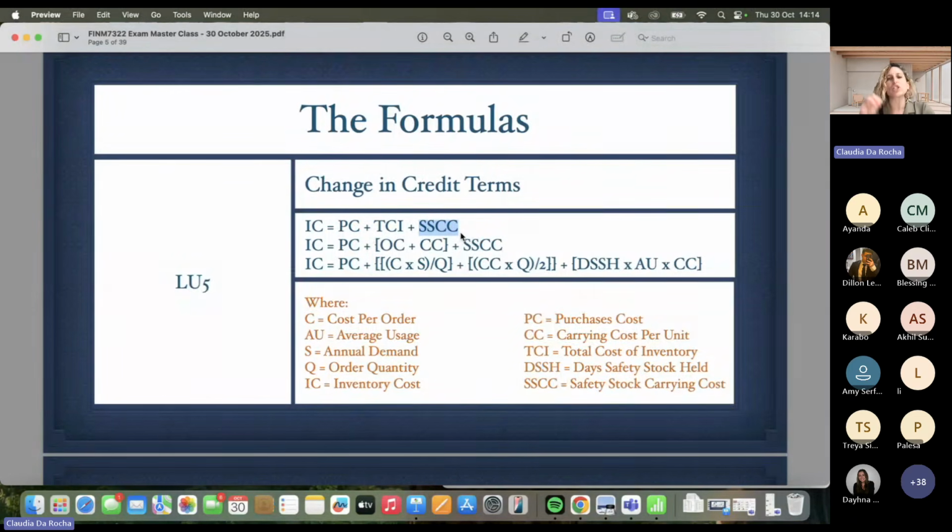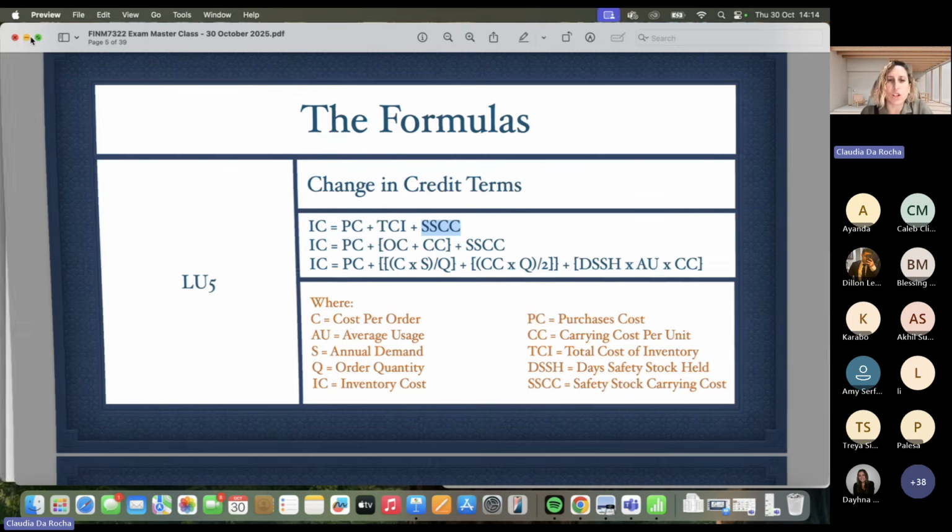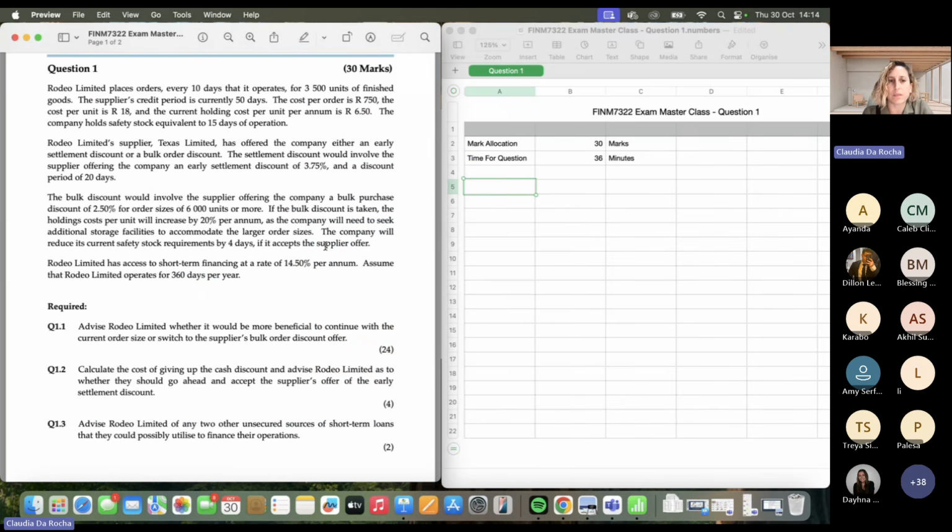So only if a question mentions safety stock do we then have to factor in safety stock into our question. This question has safety stock, so we do need to factor that in. Then it says Rodeo Limited has access to short-term financing at a rate of 14.50% per annum. Assume that Rodeo Limited operates for 360 days per year.